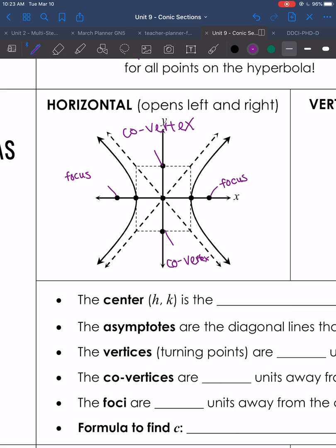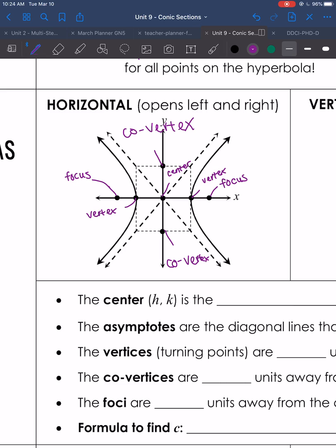It kind of looks like two parabolas put together. This right here is a vertex, and that's also a vertex. But we do have something new here. These dashed lines here, we call asymptotes. This is a center.